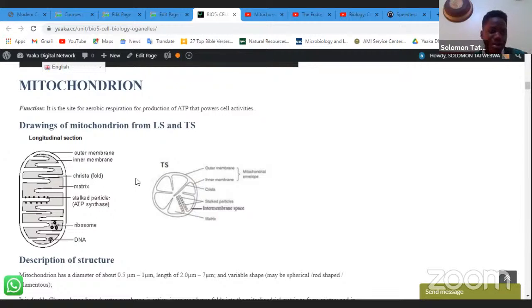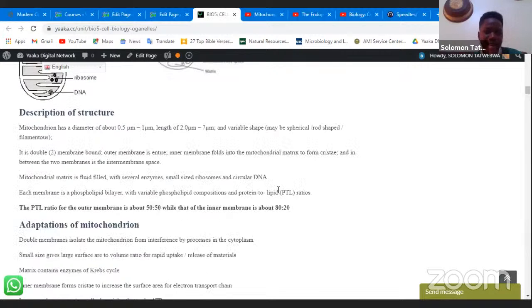Those are the parts of the mitochondria. Mainly, its structure has a diameter of about 0.5 micrometers to 1 micrometer.